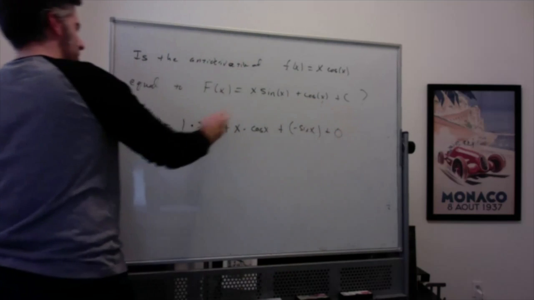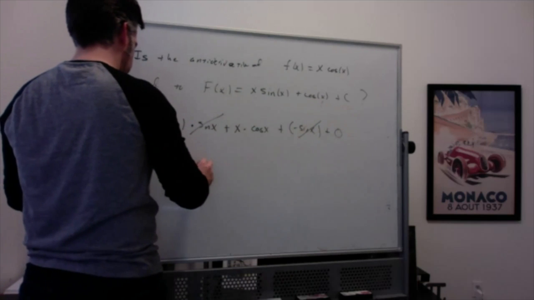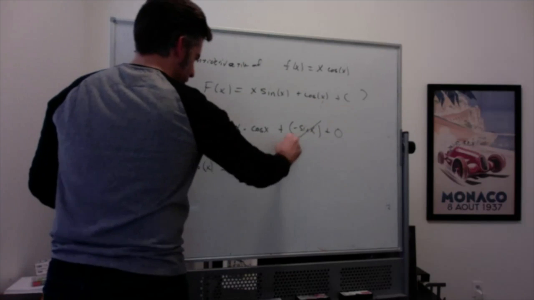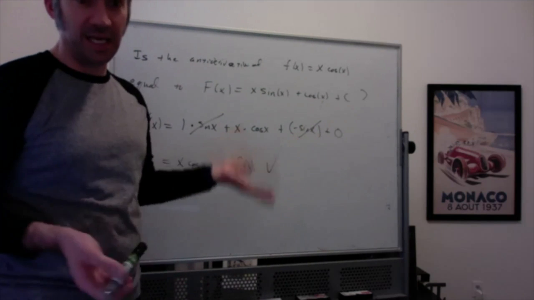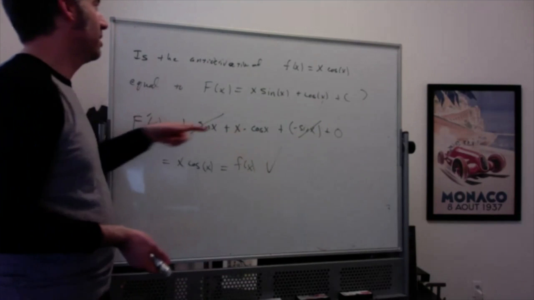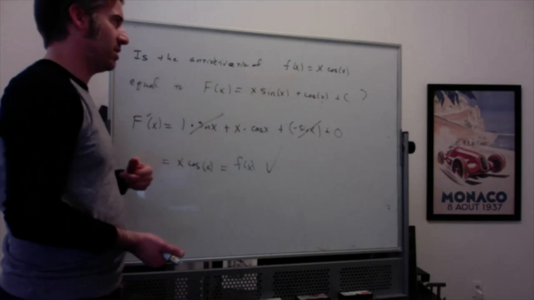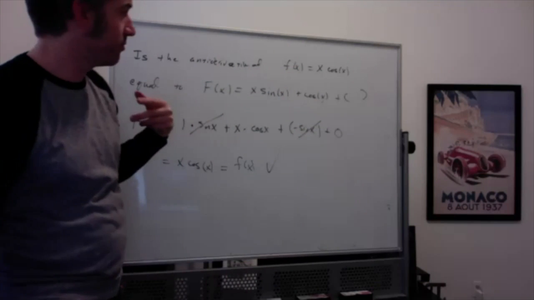And look, the signs cancel out, and you get x cosine x, which is equal to f of x. Check, it works. So yes, the answer is yes. The antiderivative of little f of x equal to x cosine of x is capital F of x equal to x sine of x plus cosine of x.